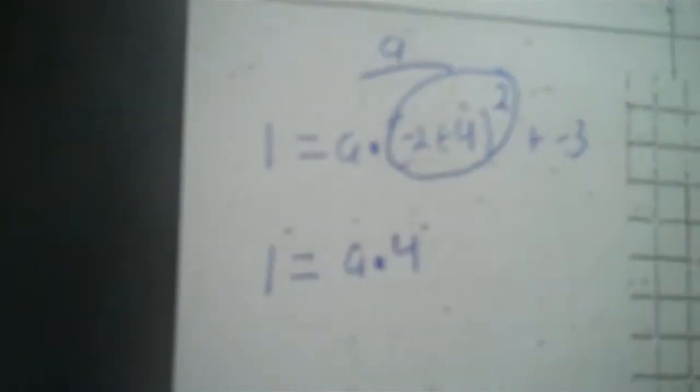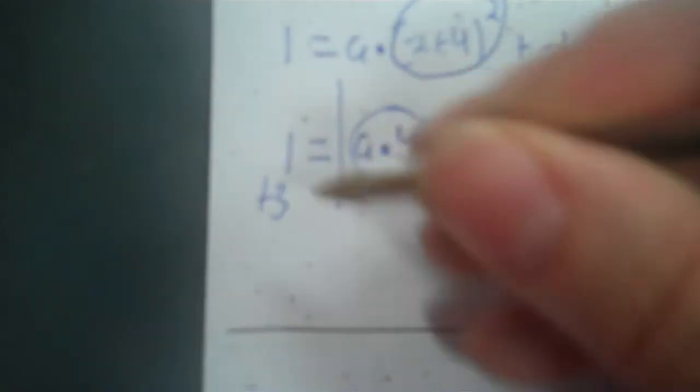That's 4. So A times 4, this whole thing becomes a 4, and then I add -3. Then I solve it. You add the 3 and divide by the 4. Plus 3, I'm at 4. So I divide by 4 then, and 4 divided by 4 is 1, okay?